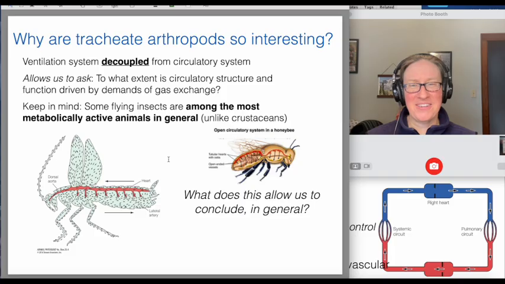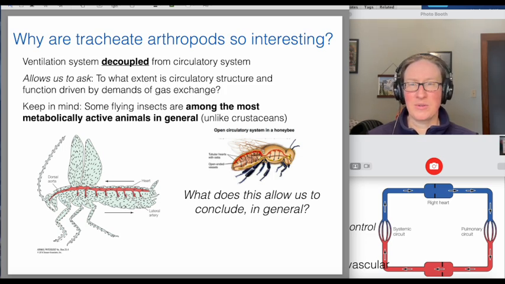Okay, so what are the consequences for circulatory function? I don't have it here on the slide, but I'm going to tell you, for tracheate arthropods, circulatory function is sluggish, very slow, right? So in general, the tracheate arthropods have very unimpressive circulatory systems. Yes, they still circulate, and actually even into wing structures, right?